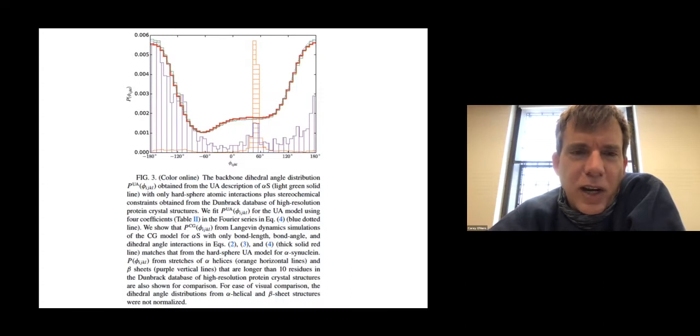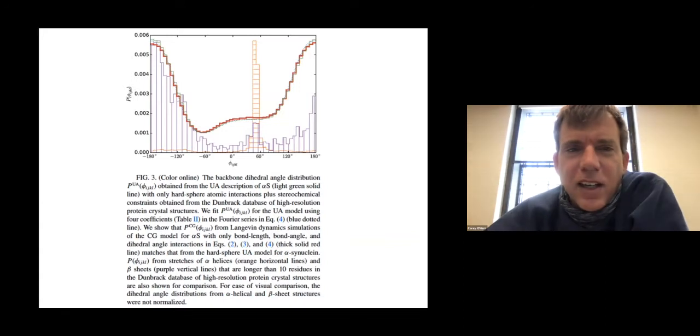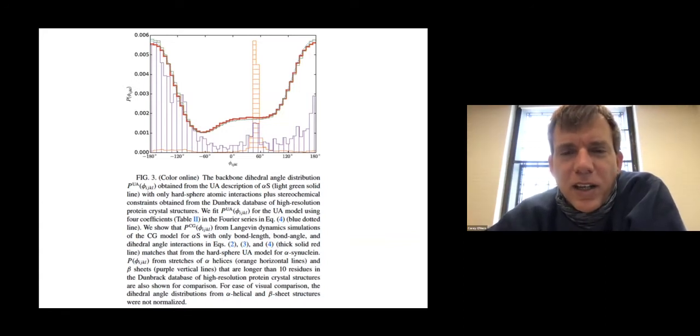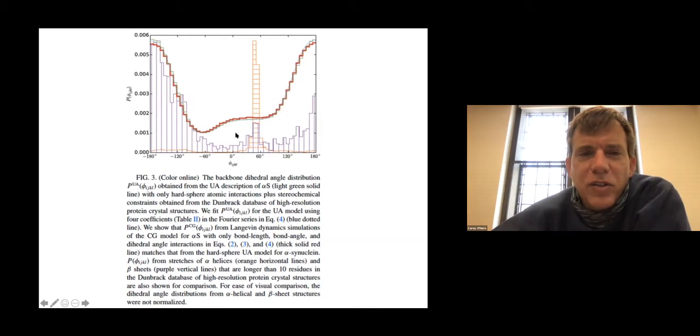So just like a random walk simulation of the proteins, just to measure the dihedral angle distribution that you would see in a randomly fluctuating protein of each type. And that is the red and green distributions on this plot.